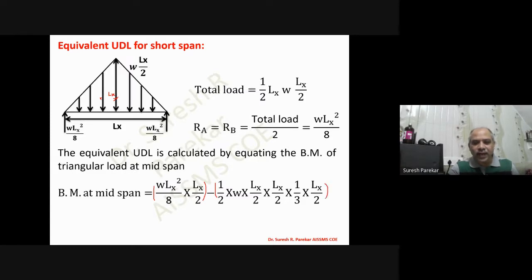And we will get this value as WLx cube by 16, which is due to reaction, and WLx cube by 48, this is due to triangular load. And we have this value at mid span, WLx cube by 24.